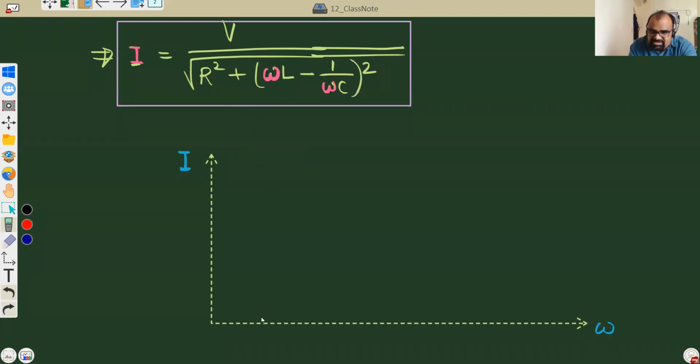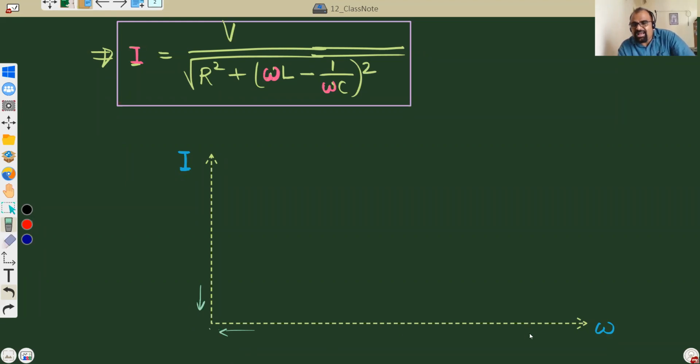So when omega is very small, current is very small. Now omega can't be exactly 0, because if omega becomes 0, then the circuit becomes a DC circuit, because there will be no change in the EMF. Anyway, for a very small value of omega, current will be very, very small.